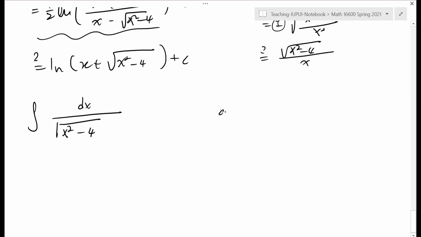Hyperbolic cosine squared x minus hyperbolic sine squared x equals 1. Then you have 1 minus hyperbolic tangent squared x equals hyperbolic secant squared x. So pretty close, right?